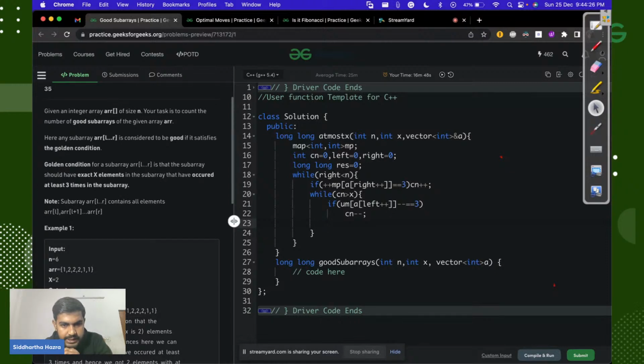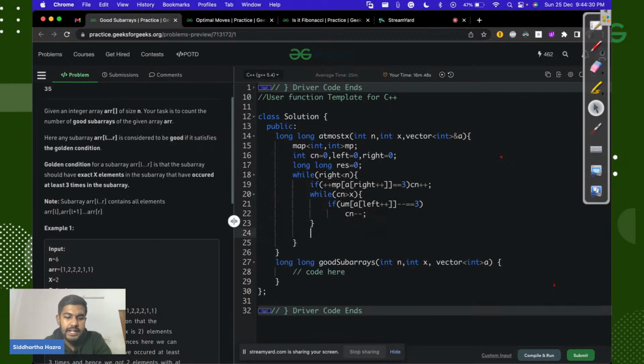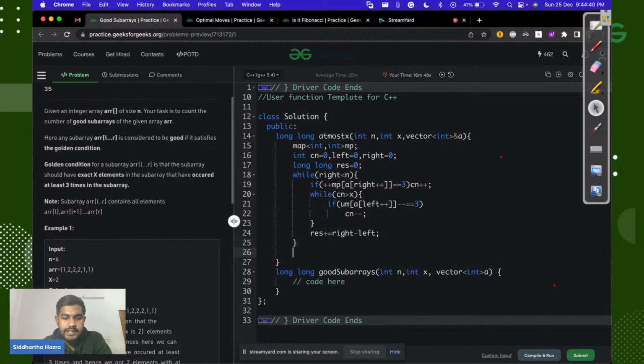After all this is done, we would get out of the while loop and simply add res plus equals right minus left, and then we would return the res after the while loop.